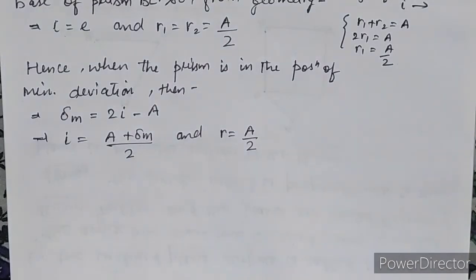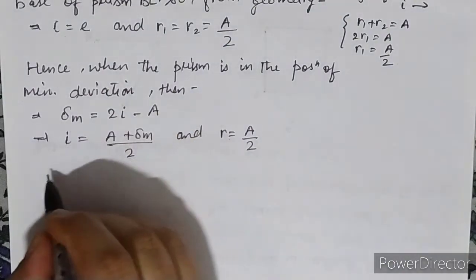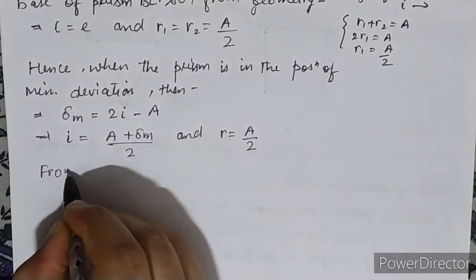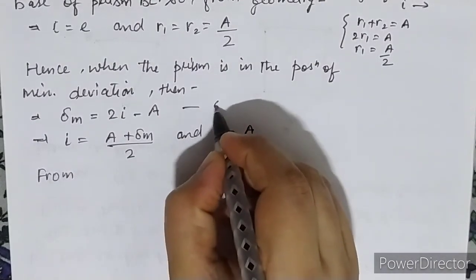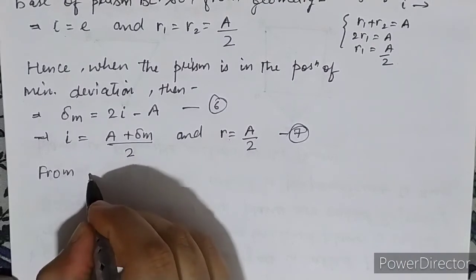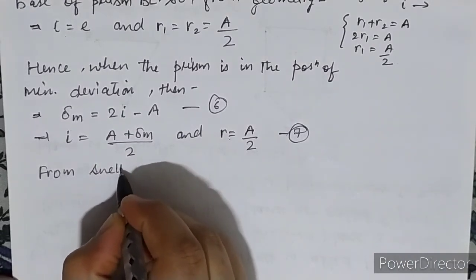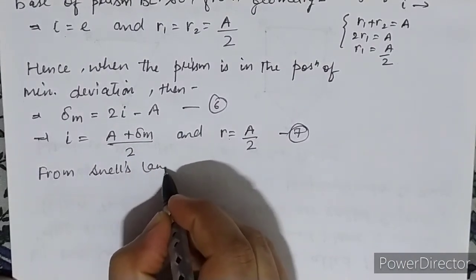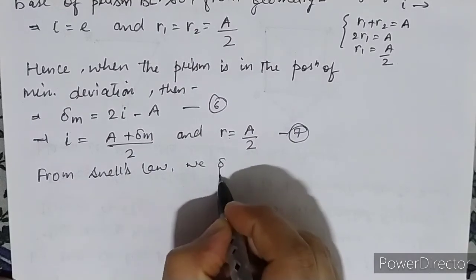Now the angle of incidence is this. So now we are using Snell's law. This will be your equation number 6 and this will be your equation number 7. From Snell's law we get, what is Snell's law, beta?